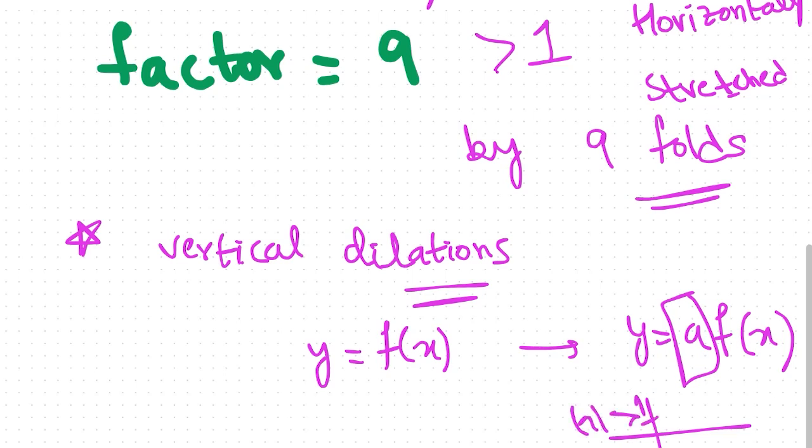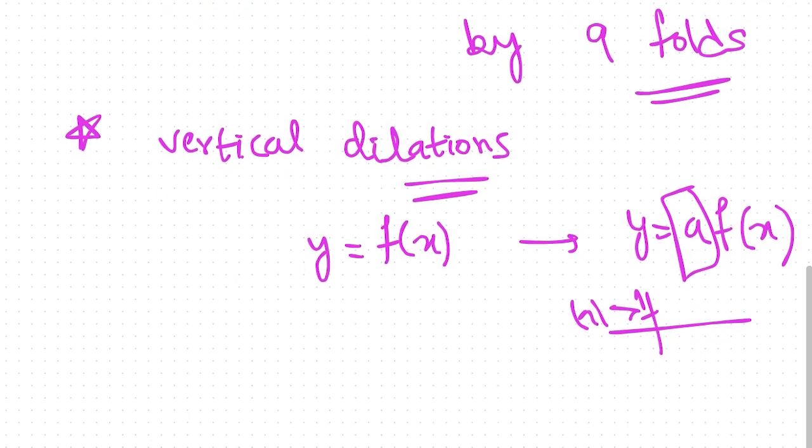If the absolute value of a is less than 1, it's vertically compressed, and if the absolute value of a is greater than 1, then it's vertically stretched. Stretch and compressed. So that's it.